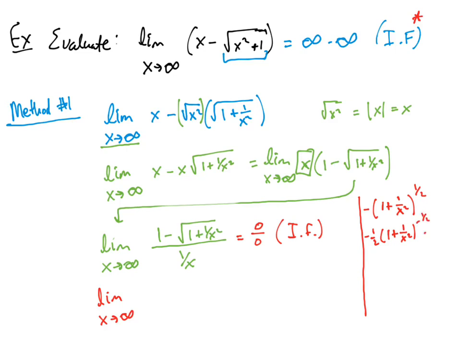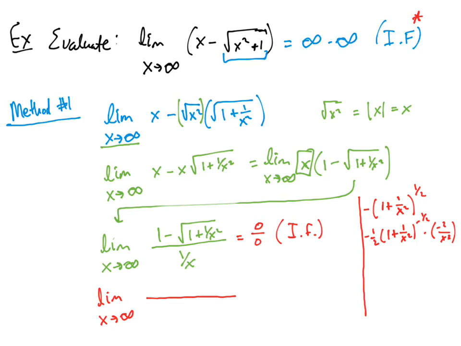And then times the derivative inside the parentheses, so using the chain rule, that's going to be times negative 2 over x cubed here.